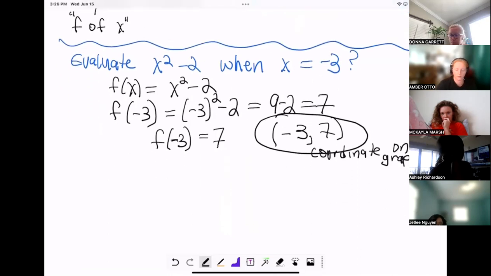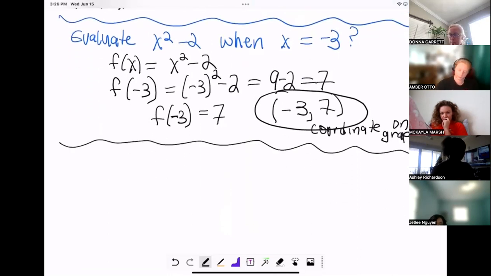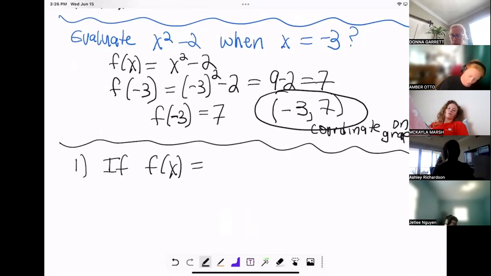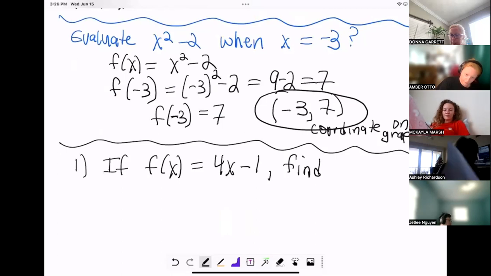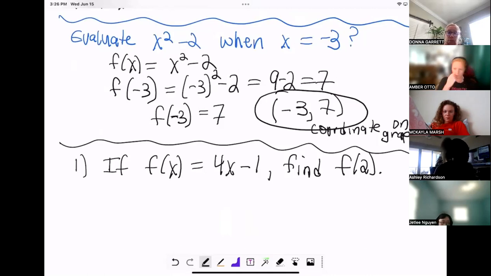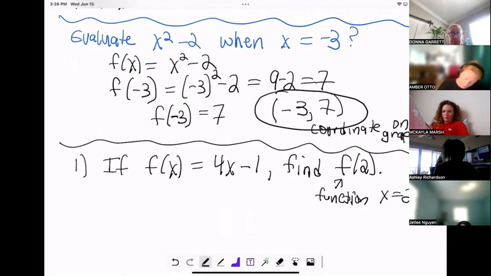All right, so let's look at another one. Let's say, I'm going to number these. If f of x is equal to 4x minus 1, find f of 2. Same thing, just written a different way. So it says take my function, and wherever x is, I want you to make it 2.